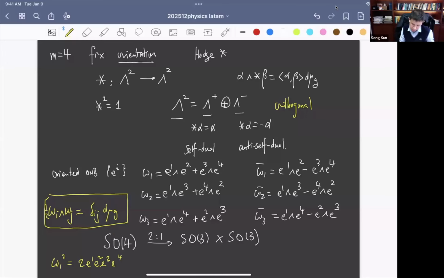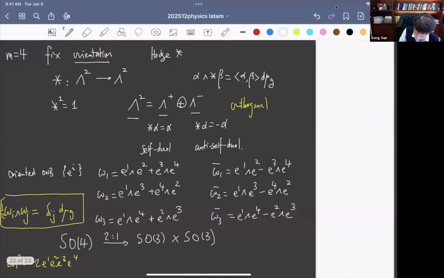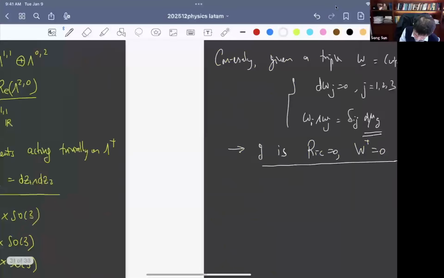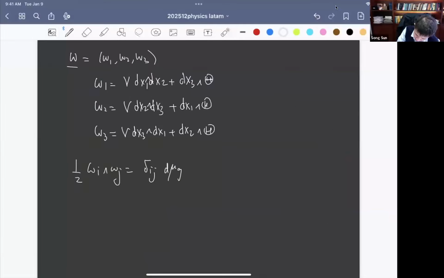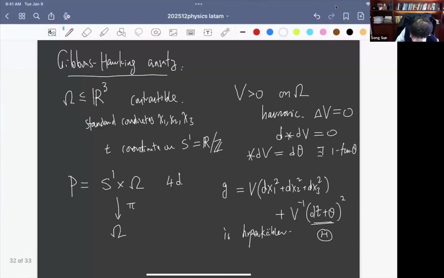It's twice the volume form. This is a minor thing, but better to make this precise. So in any case, by the definition of G, d mu G is something like dx1 dx2 dx3 theta with the 1/2s, so it's just V, right? This is the volume form.